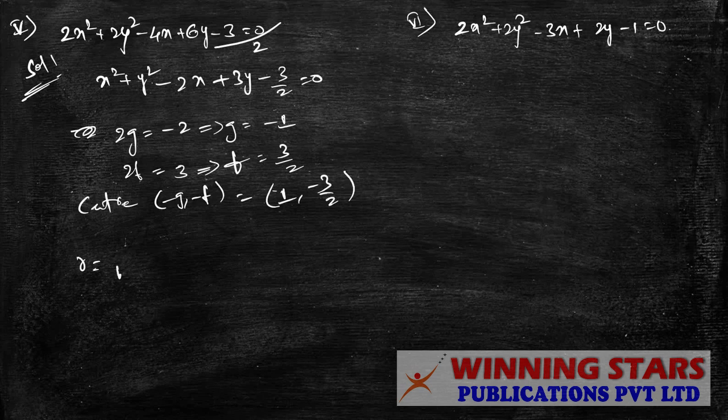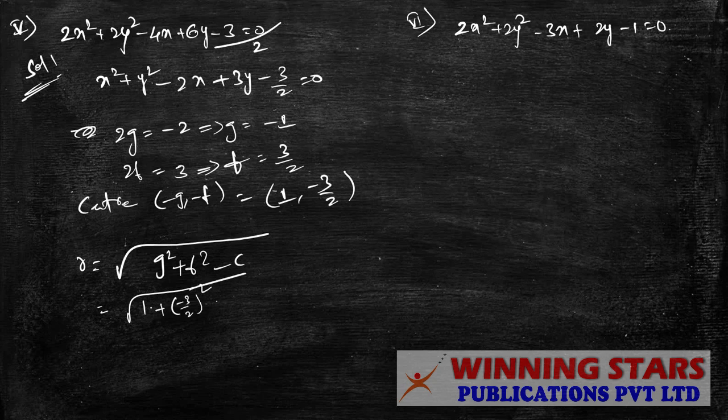So r is equal to radius, under root of g square plus f square minus c. So g square is equal to how much? 1. F square is equal to how much? Minus 3 by 2 whole square, and minus c, already minus 3 by 2, becomes plus 3 by 2.